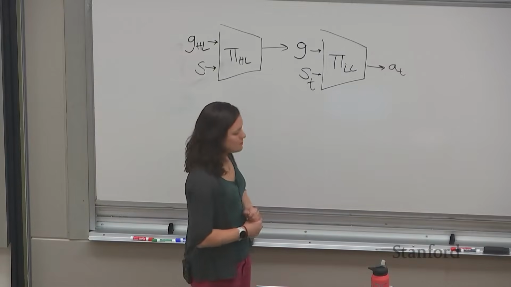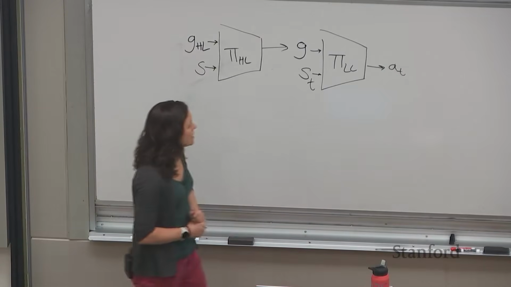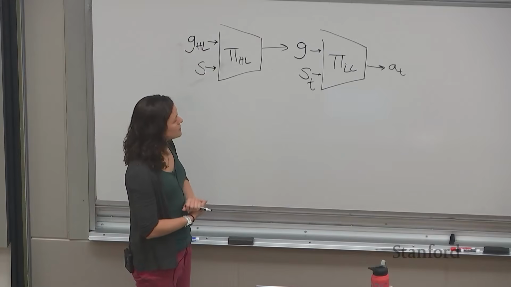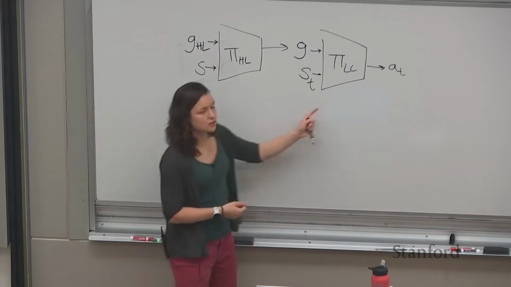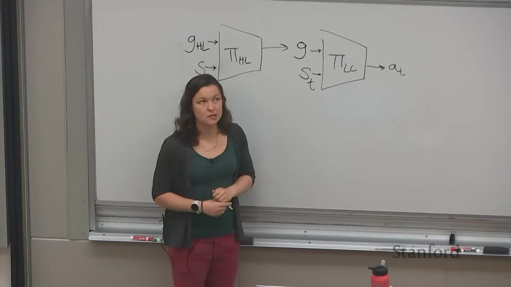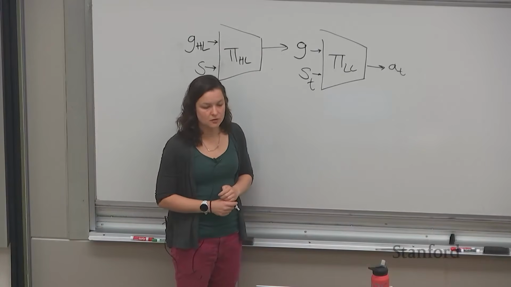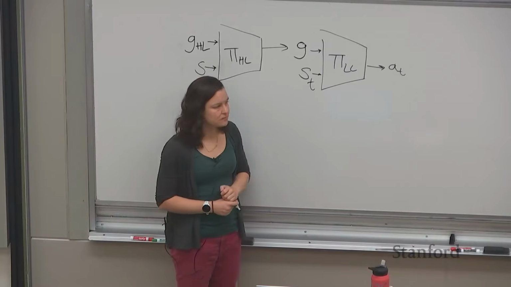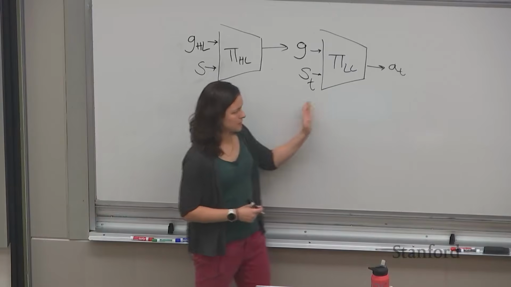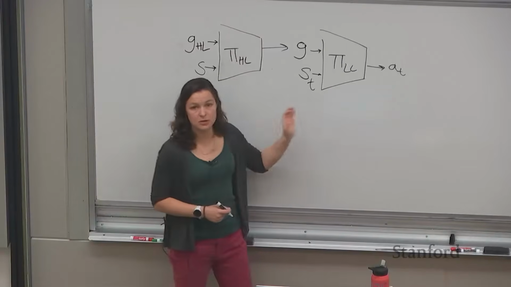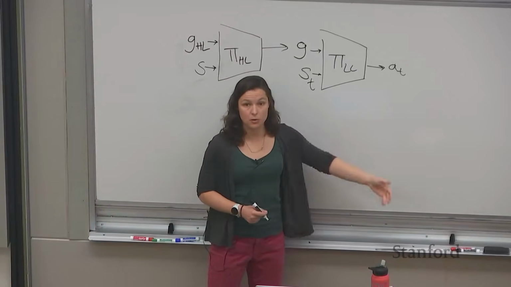Now, a couple notes here. One note is that this low-level policy needs to be acting at the original frequency. So if you're controlling a robot, maybe this is operating at like 20 hertz. If you're controlling a language model, then this is going to be outputting word by word.